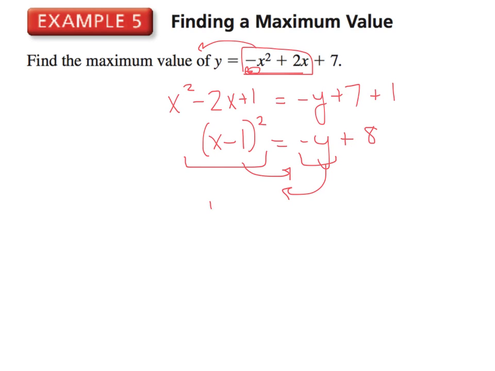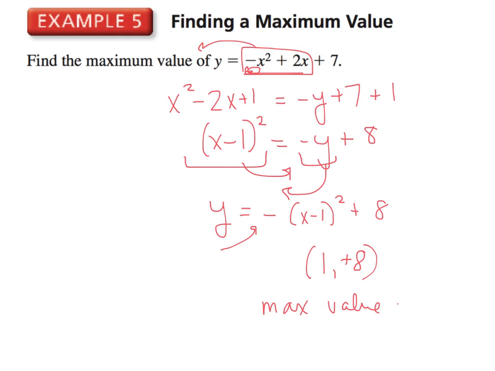That gives me y equals negative x minus 1 squared plus 8. Since that's a negative, we already know it opens downward, so my vertex is 1, positive 8. Therefore, my max value is 8.